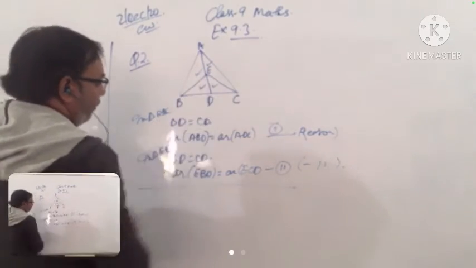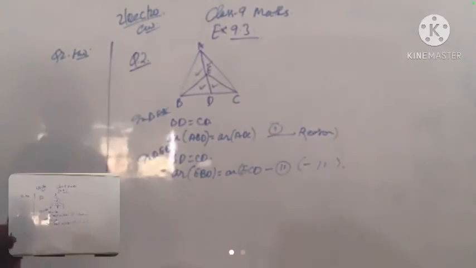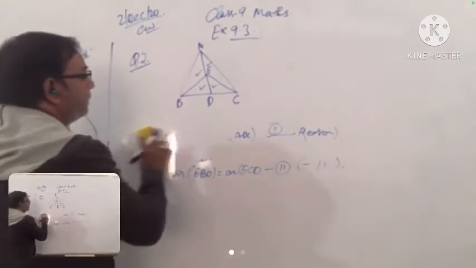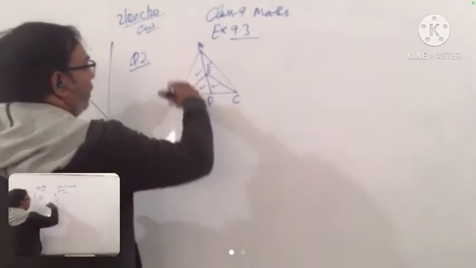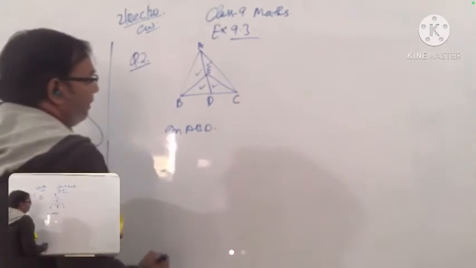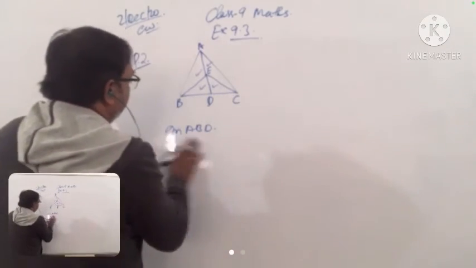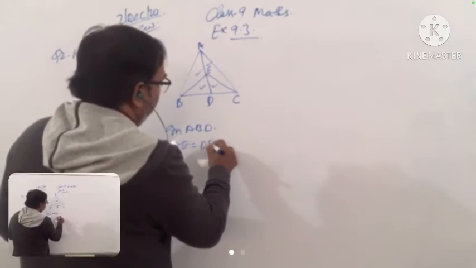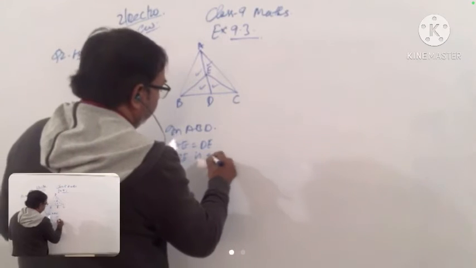So for this, in triangle ABD, BE is the median. Sorry, don't write like this. Write AE is equal to DE. Therefore, BE is a median.